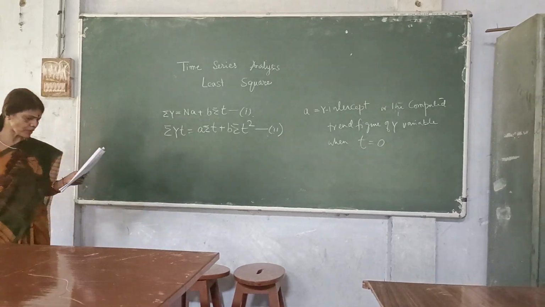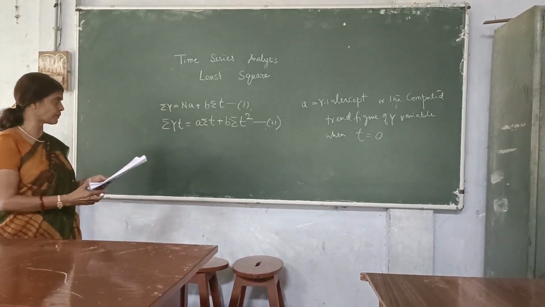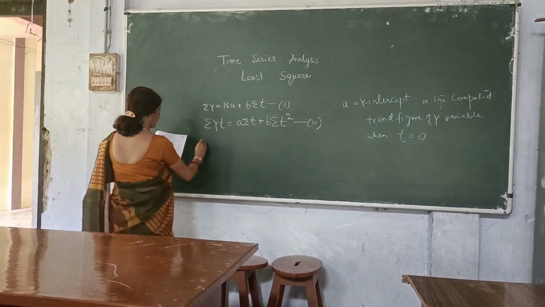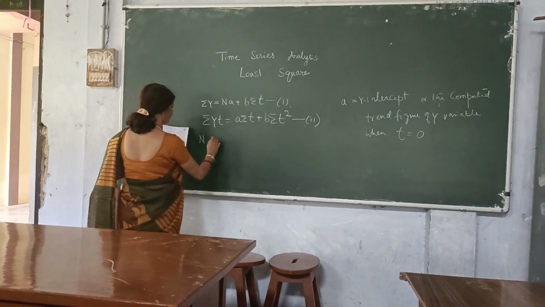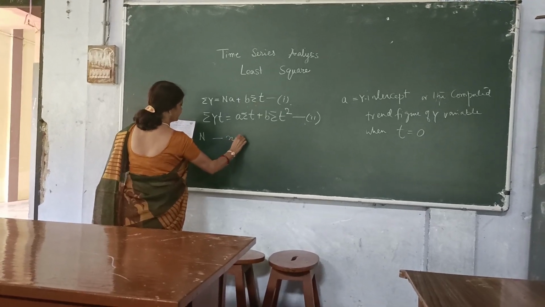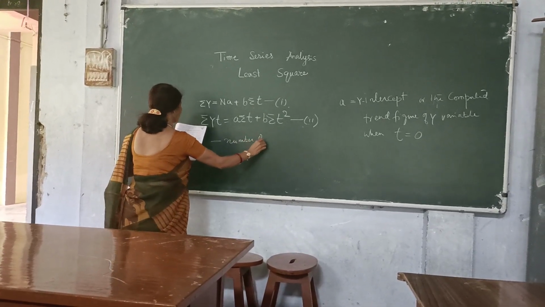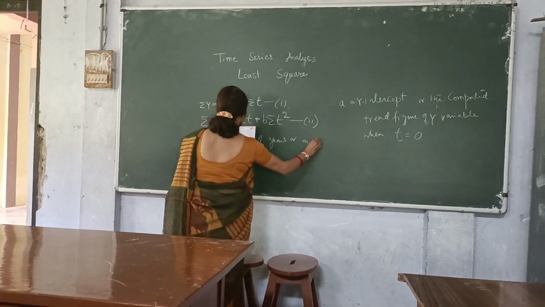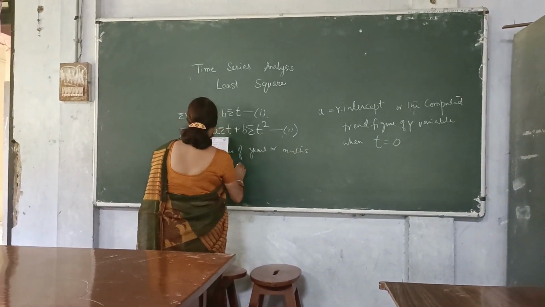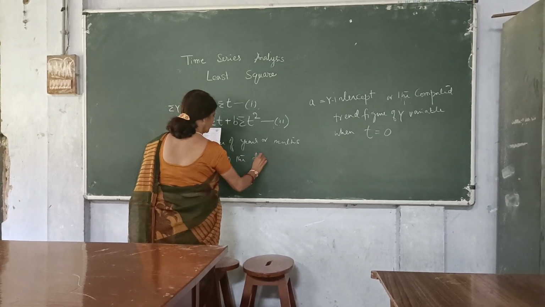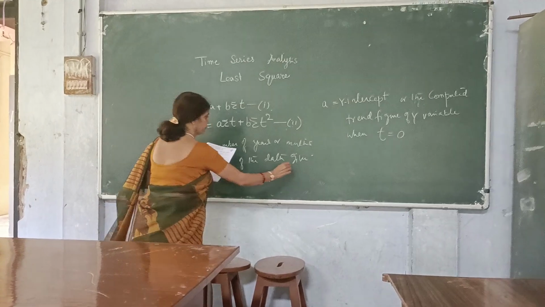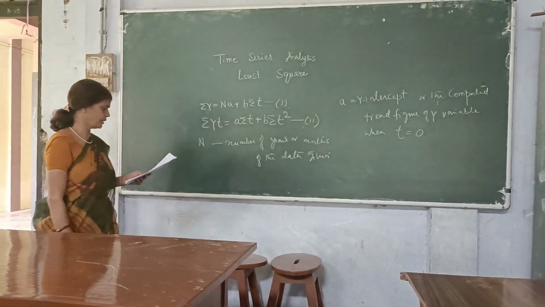And n is called the number of years, or it may be months, etc., of the data given.